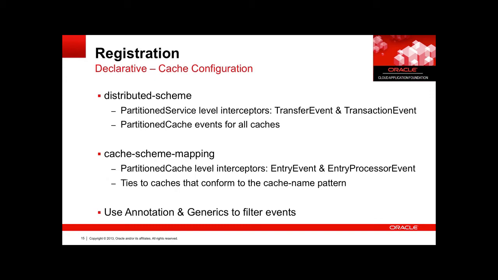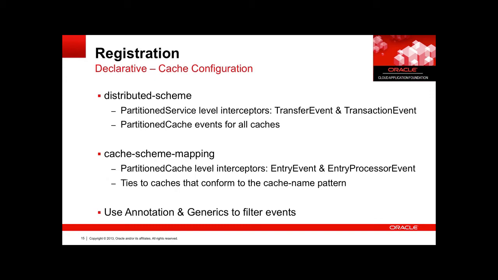The distributed scheme should really contain interceptors that pertain to partition service events, i.e. transfer event and transaction event. It can contain partition cache level events such as entry events and entry processor events, but they're not bound to specific caches, and any cache filtering that could be done in the cache configuration cannot be performed.